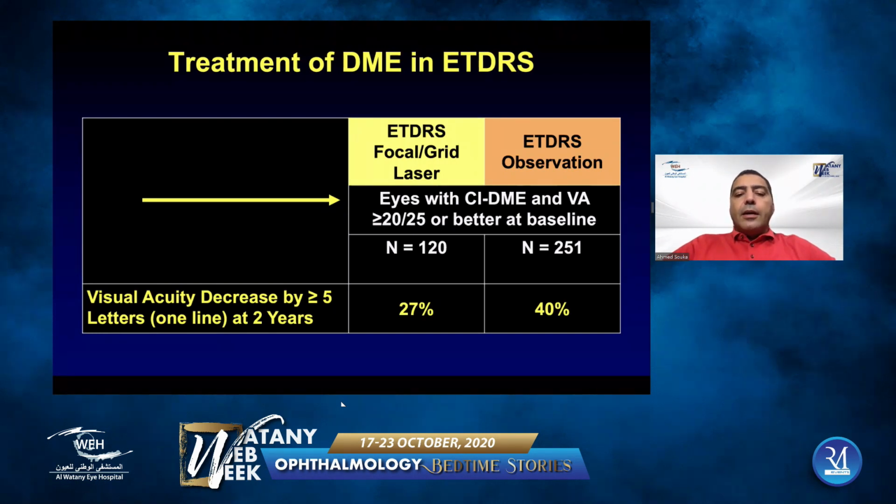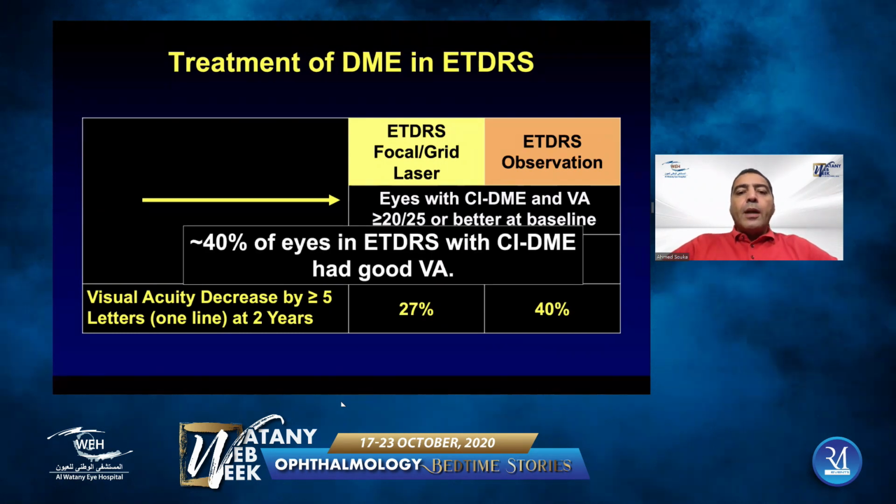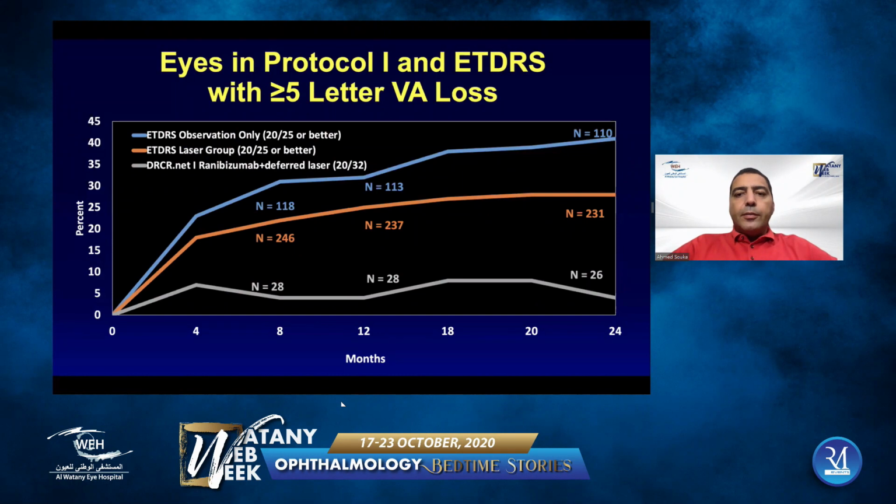Within these groups, 27% of those who received laser had a drop of vision of 5 letters, and 40% of these patients dropped 5 letters when they were only observed and not treated by laser. So this is how they looked when you compare the results: in the area of 40% with observation, and with laser in the area of 27%.